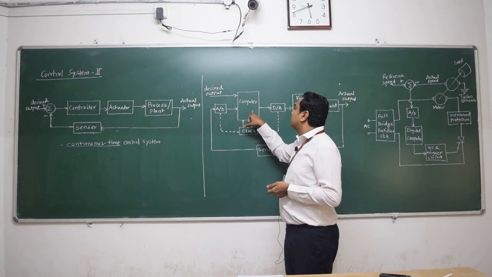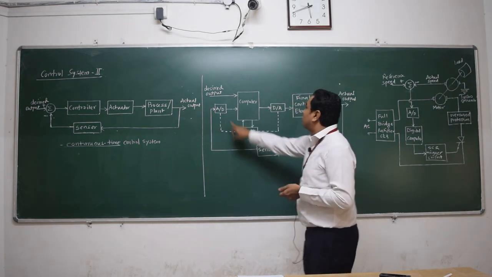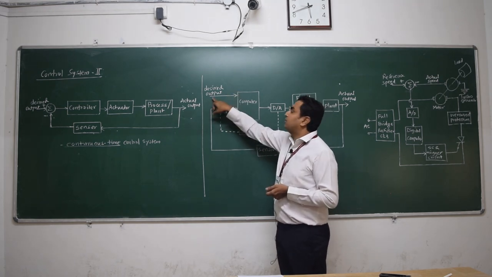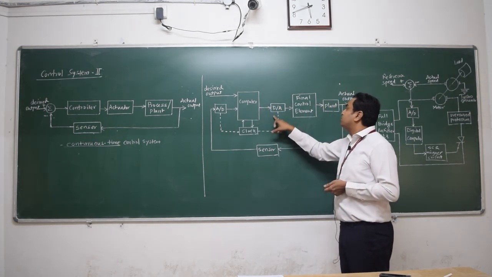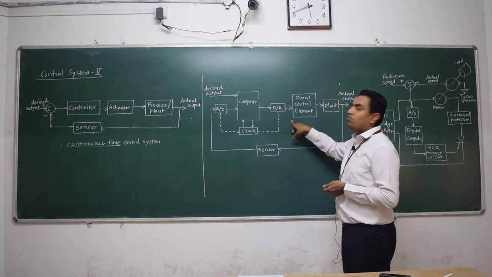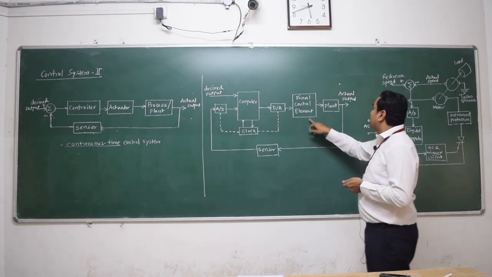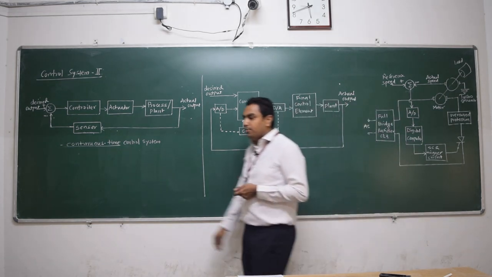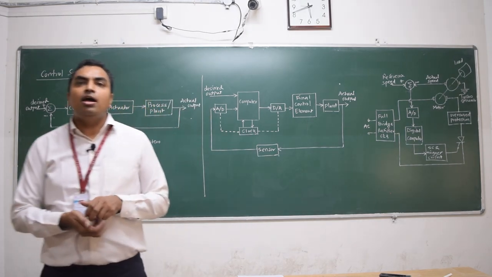The computer will process the actual output obtained from the sensor and analog to digital converter, and it will compare it with the desired output. It will generate some digital signal which is given to the digital to analog converter, which will convert this digital signal into analog form, and it will send it to the final control element. The final control element will send a signal to the plant so that the control objective will be achieved.